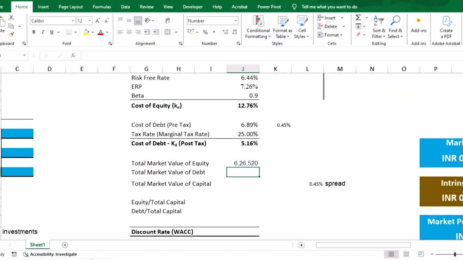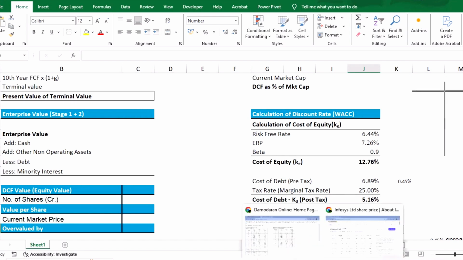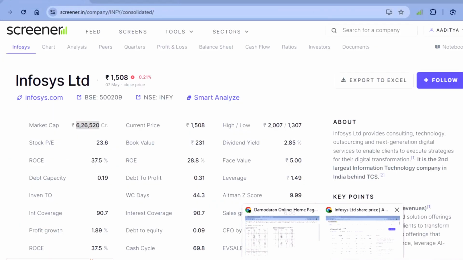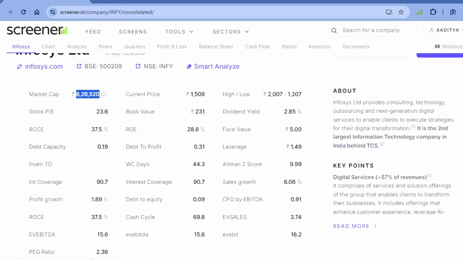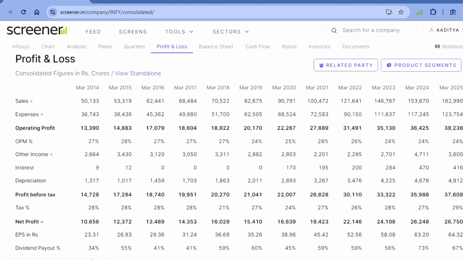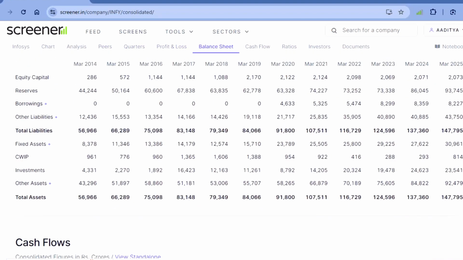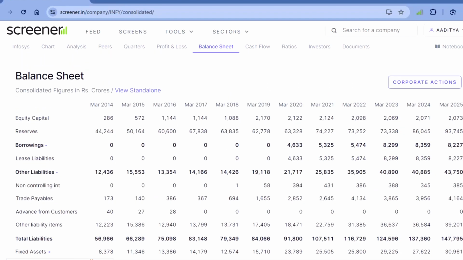What is the debt portion? For the debt portion, I will tell you over here, we need to find the debt. Okay. So in other liabilities, in borrowings, you have this debt.